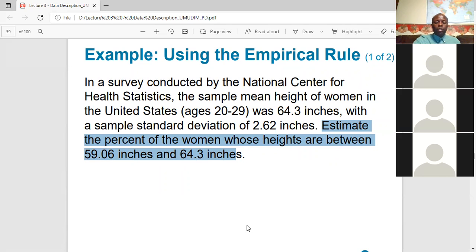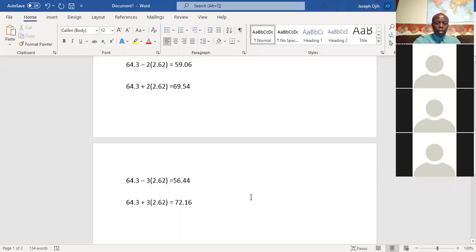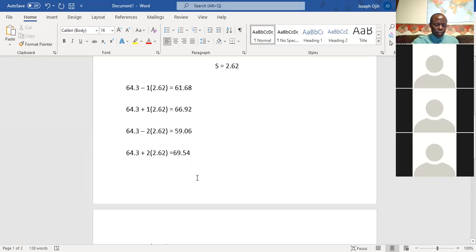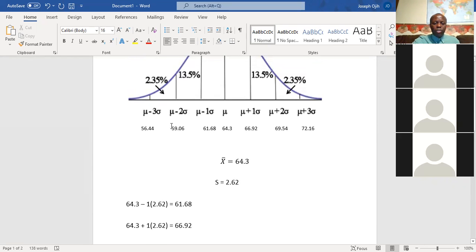So the percentage of women of that height will now become, we look at it, it says between 59.06, this is 59.06 here, and 64.3 from here.